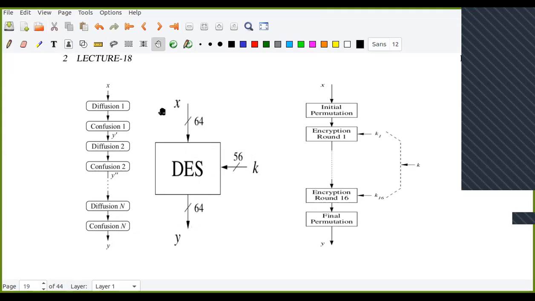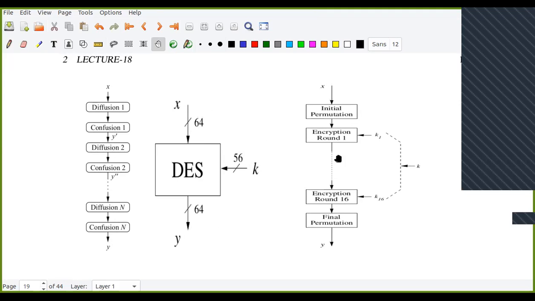It is a general setup, but there are a lot of things in it. There are a total of 16 rounds before X becomes Y. You may not know what that is, but the idea is clear.